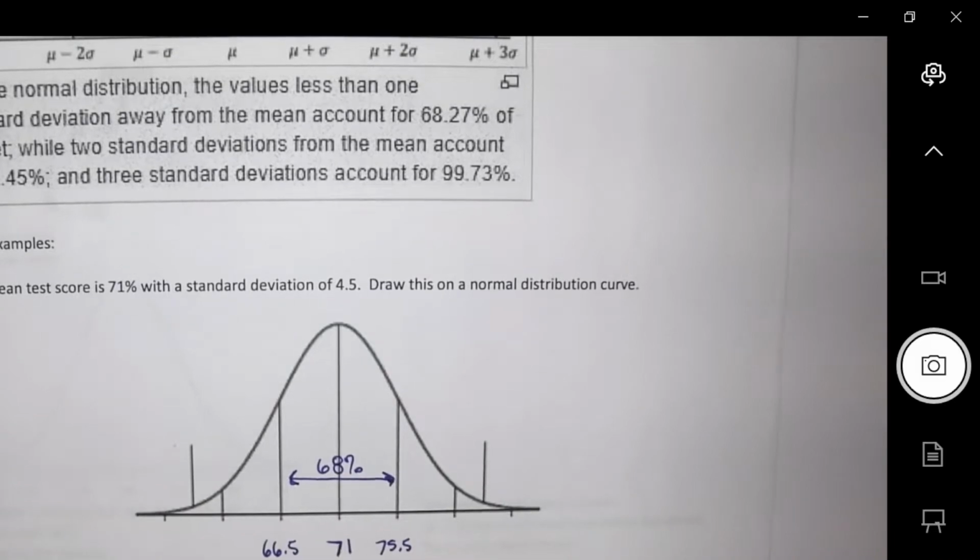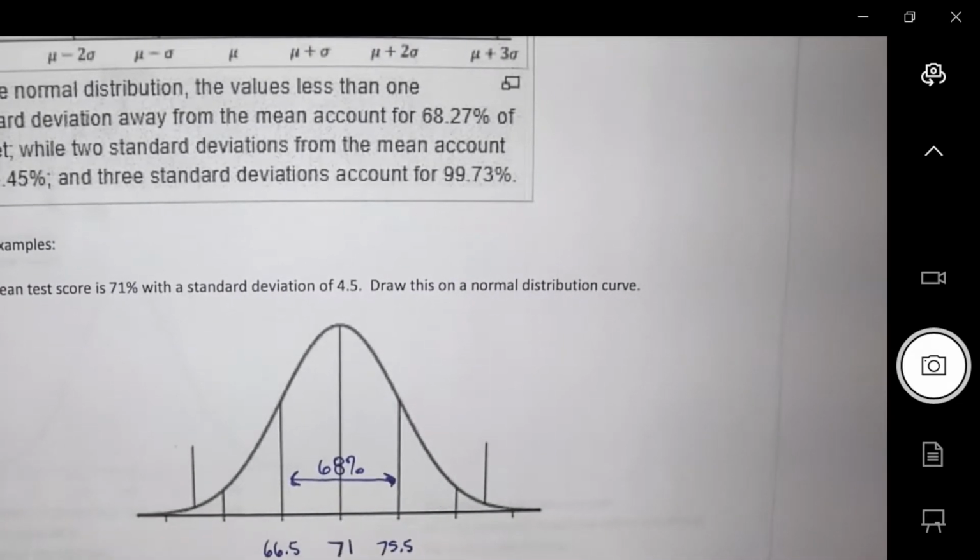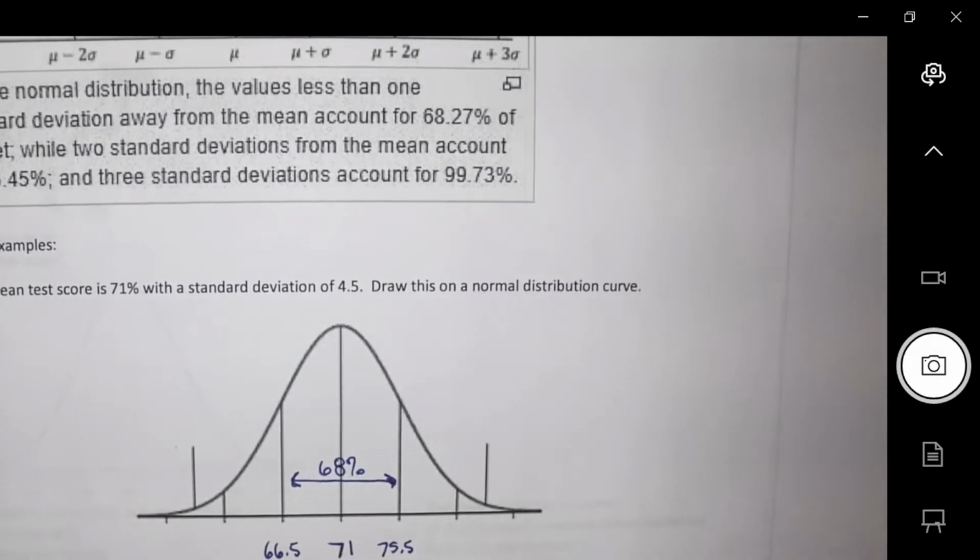68% of your data will be within the negative 1 to 1 range. So this has a Z, I'm getting ahead of myself. We're going to talk about Z scores, so don't freak out.